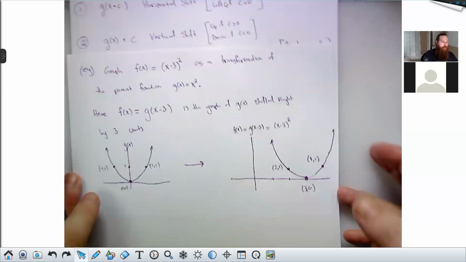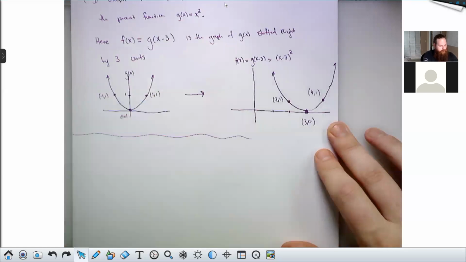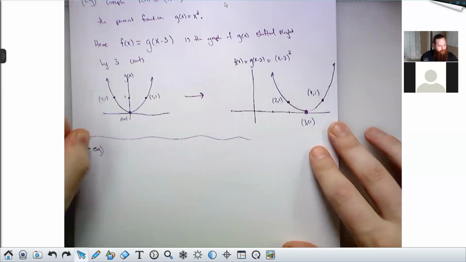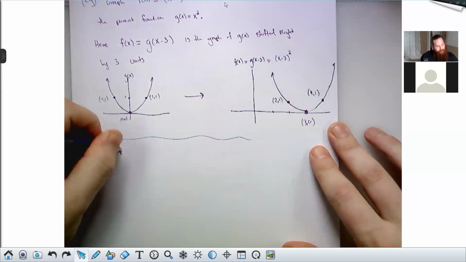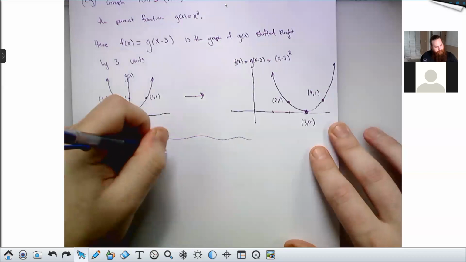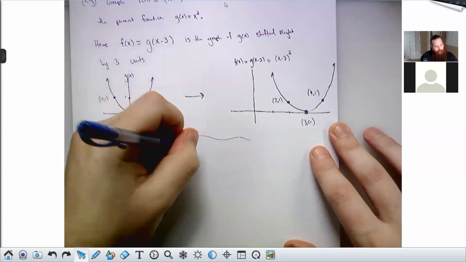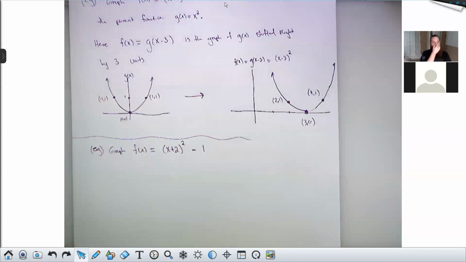We can see what it looks like to do more than one of these at a time. Here again, my parent function is just x squared.